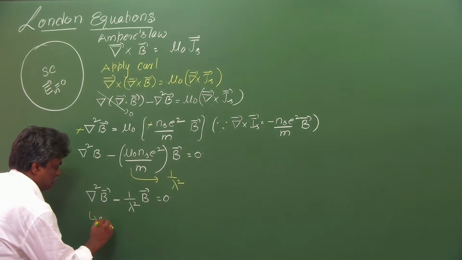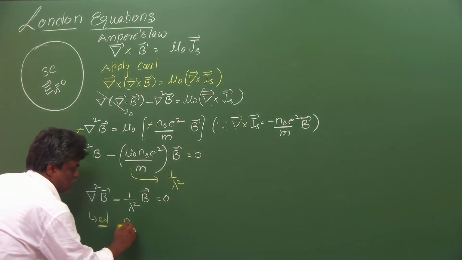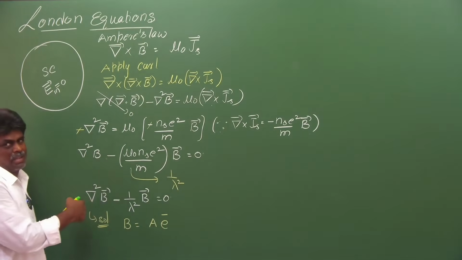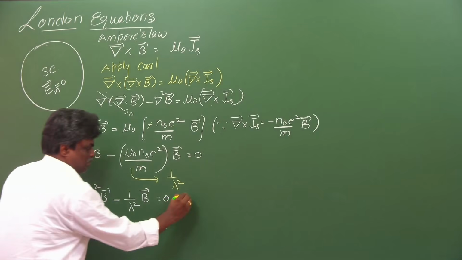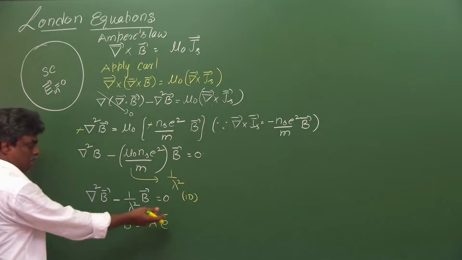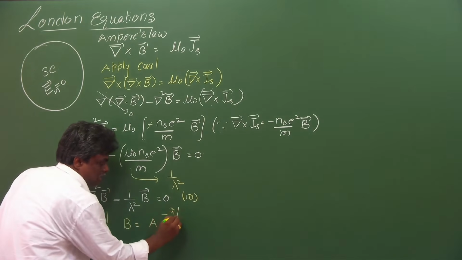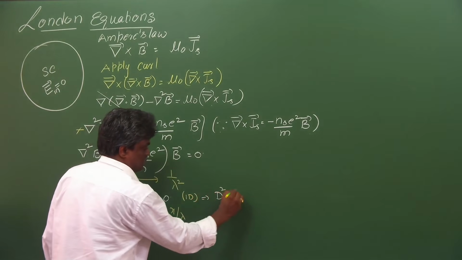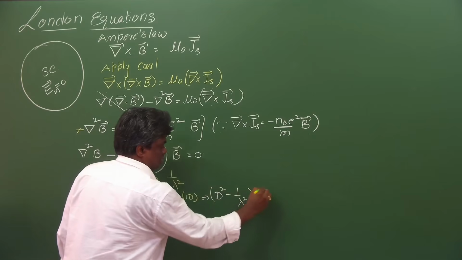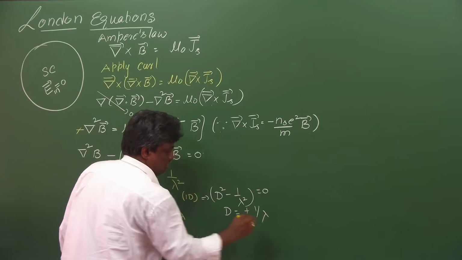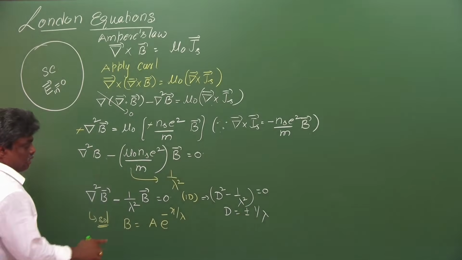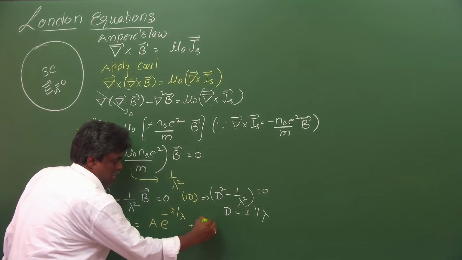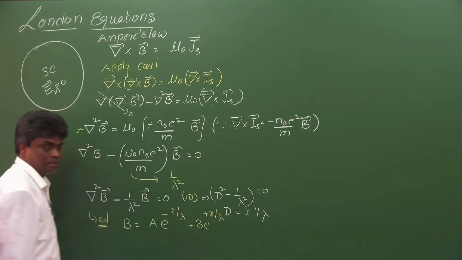So the solution, I am taking one dimension, only to understand. B equal to A e raised to minus x by lambda plus B e raised to plus x by lambda.